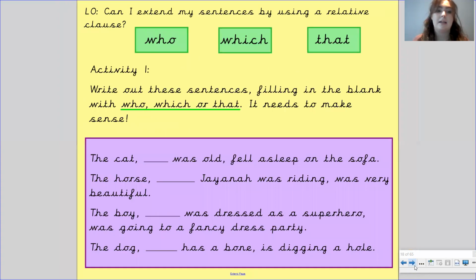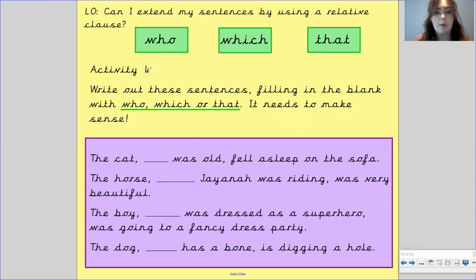So here is activity number 1. You need to write out these sentences and fill in the blank with either who, which, or that. And it needs to make sense. So here we've got the cat, comma, then you need to put who, which, or that, was old, fell asleep on the sofa. The horse, comma, then put in who, which, or that, Jayana was riding, comma, was very beautiful.